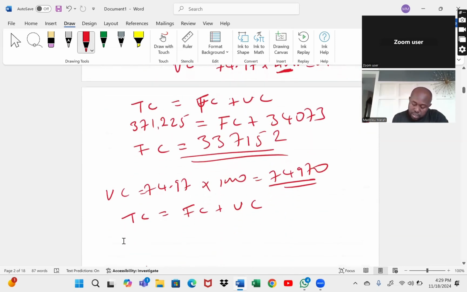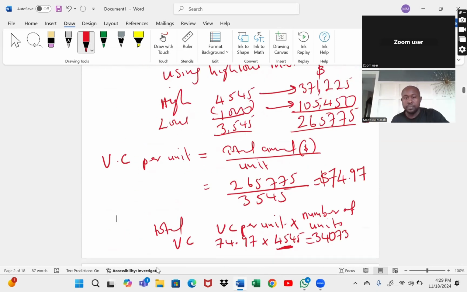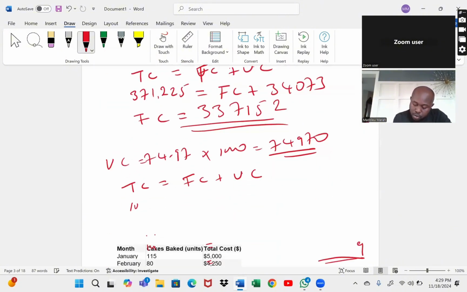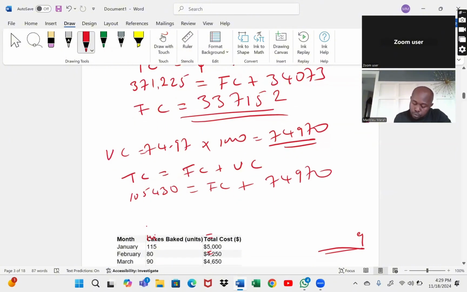So total cost equals fixed cost, which we're looking for, plus our variable cost of 74,970. Therefore, our fixed cost equals, we cross multiply, this figure is positive, so it comes over as negative: 105 minus 74,970.